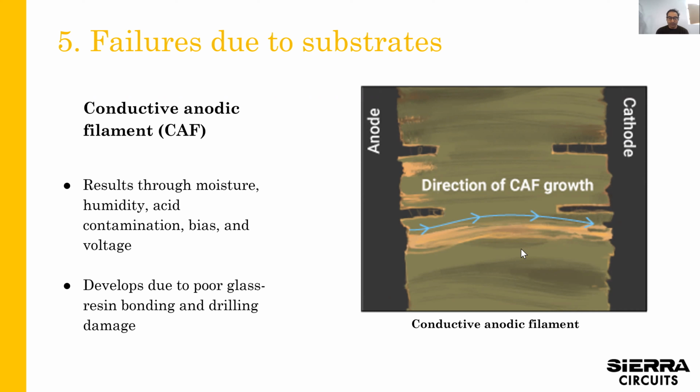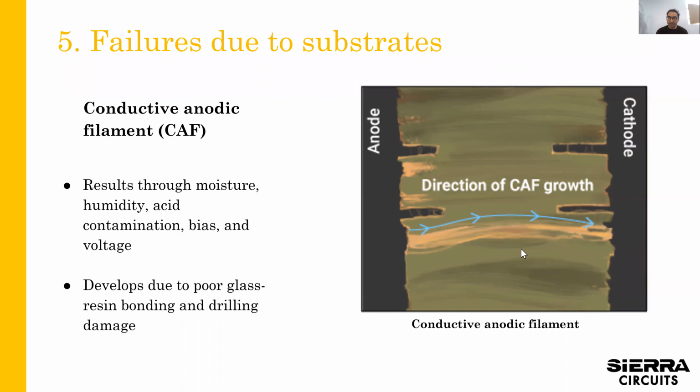Now, if you're in a space type of application, at the time of drilling the via, those kind of fractures in the PCB materials called whiskers, there's only a certain thickness or length allowed for aerospace because of this specific problem of CAF.